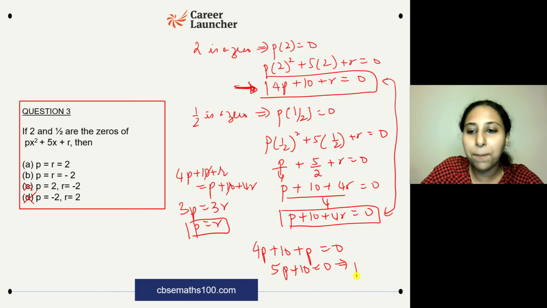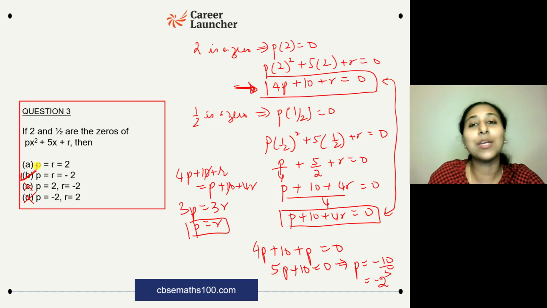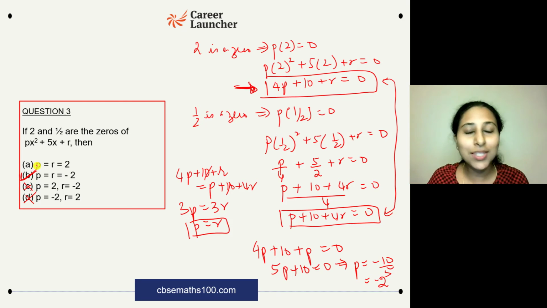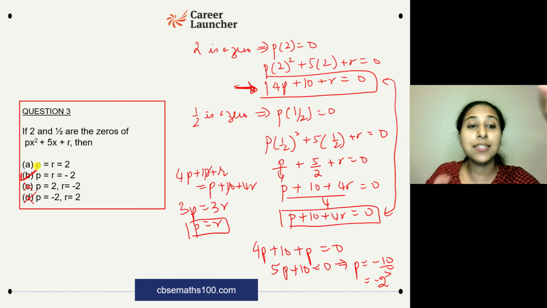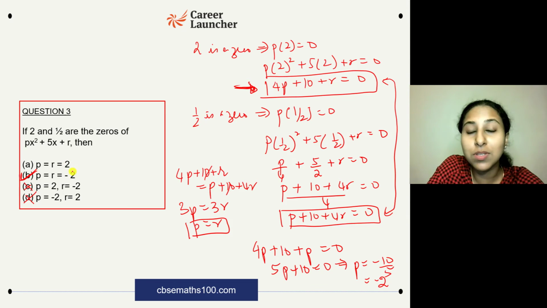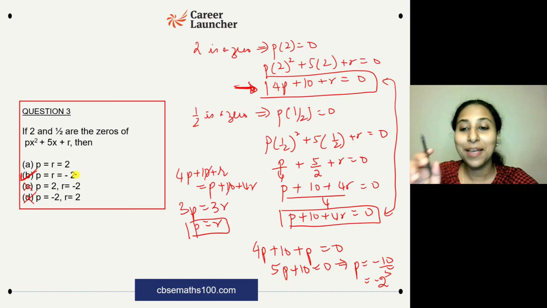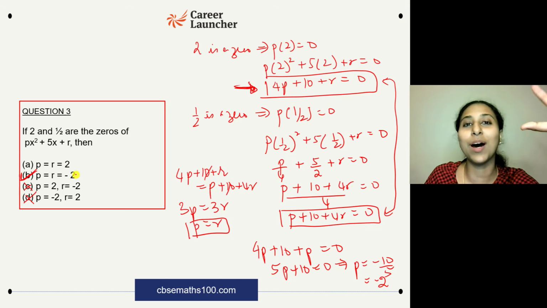You will get p is equal to minus 10 by 5 or minus 2. So the answer here would be p equals r equals minus 2. Both the constants p and r would have the same value, which is minus 2 in this case. Again, since the options are so close, you're having plus 2 and minus 2, be careful with the signs when you are solving this question.